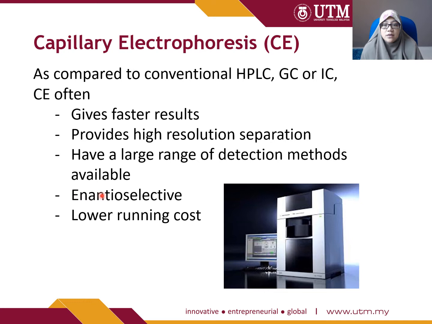And another one is because it can cover anions and cations, it also can cover enantioselective ataupun analyte yang terdiri daripada campuran racemic. Okay, campuran racemic tahu tak tahu? Campuran racemic ni bermaksud dia ada chiral center, maksudnya dia ada struktur yang sama tapi dalam bentuk 3 dimension dia berbeza. Okay, tak apalah, nanti awak boleh search what is chiral compound or racemic compound.